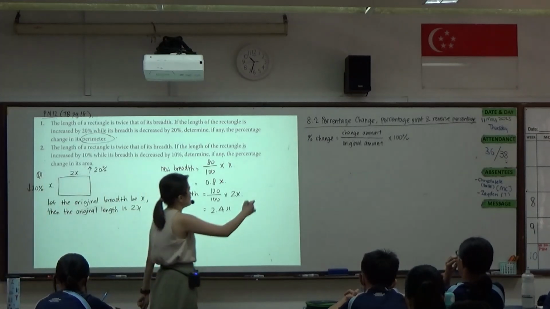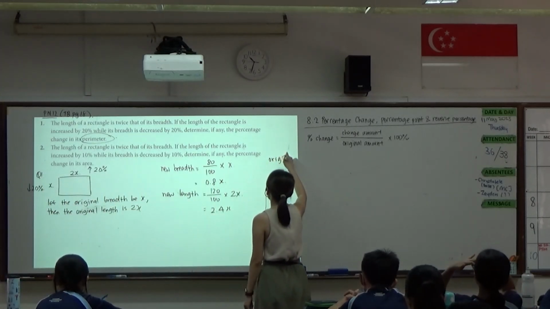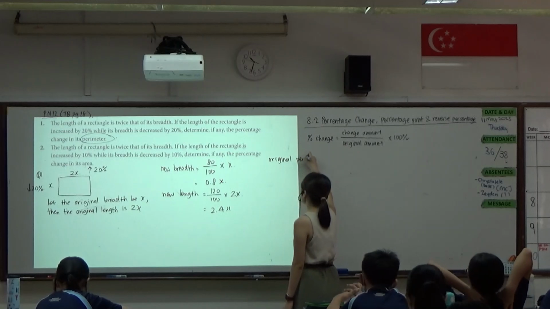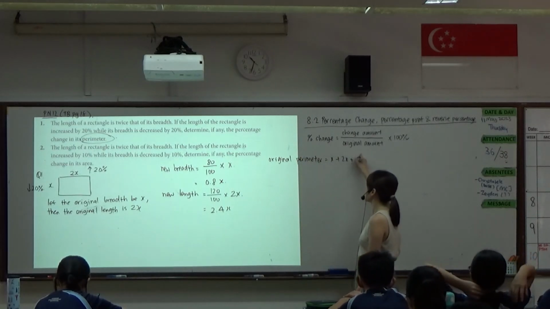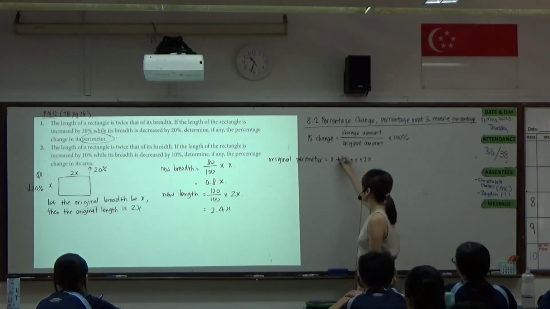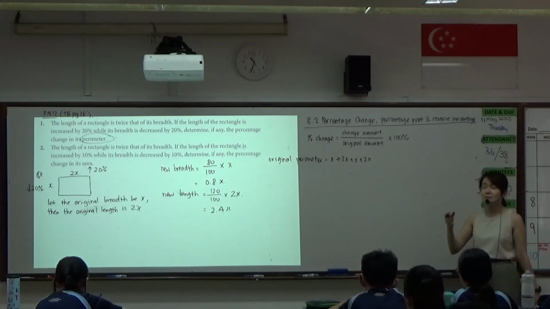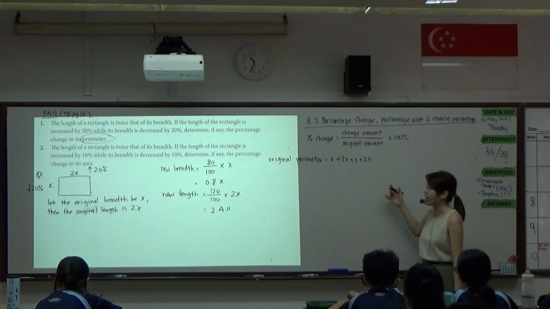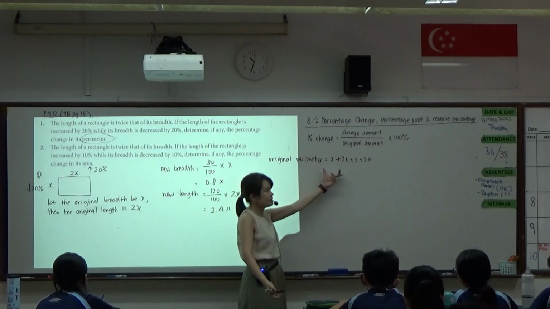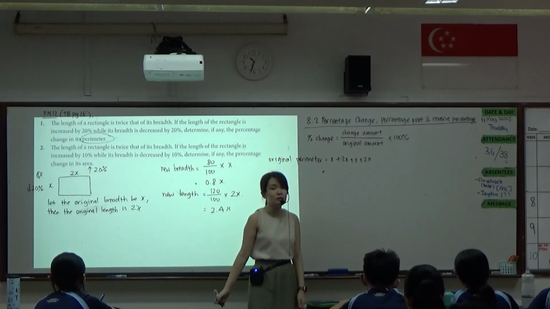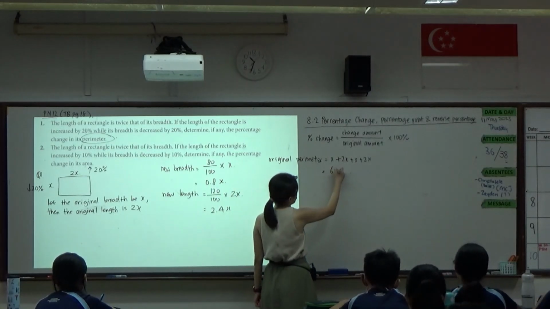So the original perimeter needs to be found, which is x plus 2x plus x plus 2x. Some of you may be fast enough to see there is 2 times of 2x and 2 times of x. Up to you how you want to present this, but eventually we will get 6x.